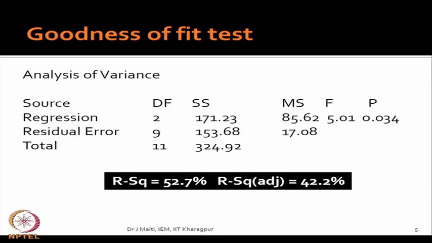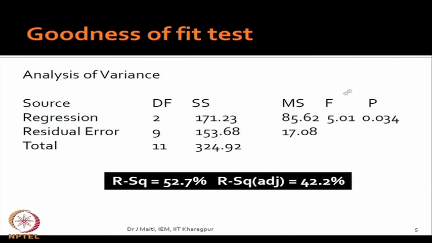Okay. Here what you are finding is that your R square is saying that your model is not good, but your F statistic is saying that the p value is 0.034, which is less than 0.05. Then what is the difference between this vis-a-vis this?